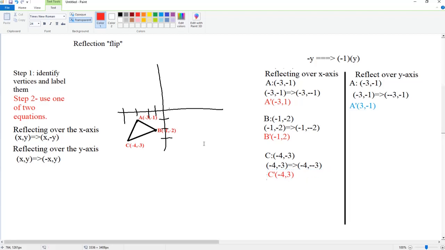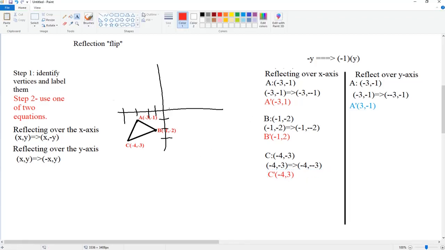So if I were to draw this out, and I'm going to draw this in red, it would look something like this. So negative 3, 1. Let's see how high this is through here. So 1, 2, 3, 3. So negative 3, negative 1. So A prime would go here. My B prime, negative 1, 2.